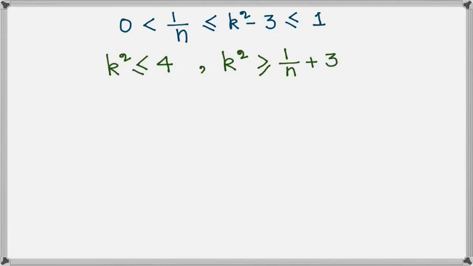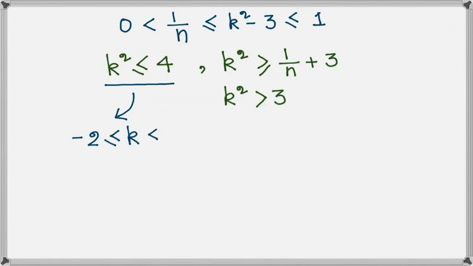That means k square is strictly bigger than 3. Now k square is less than or equal to 4. That implies minus 2 is less than or equal to k, and k is less than or equal to 2, and k square is strictly bigger than 3.